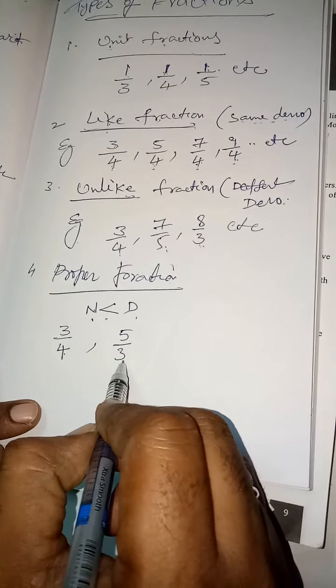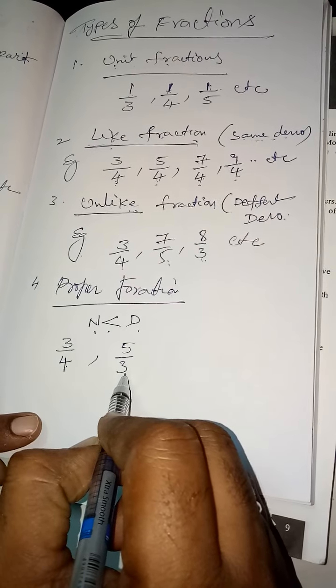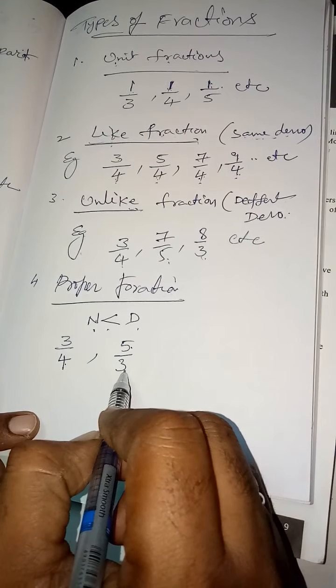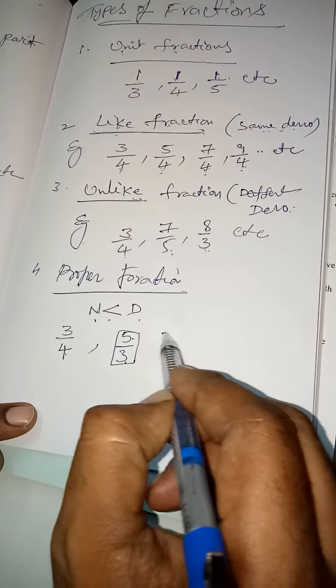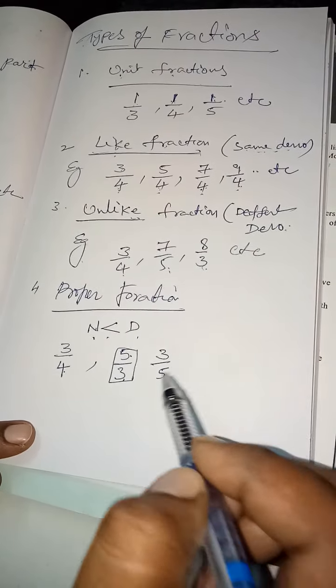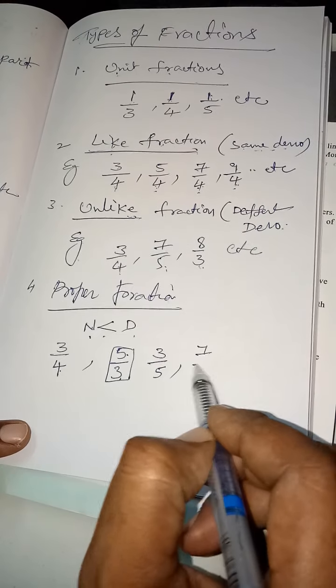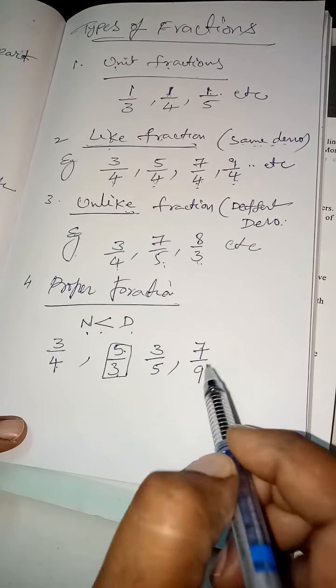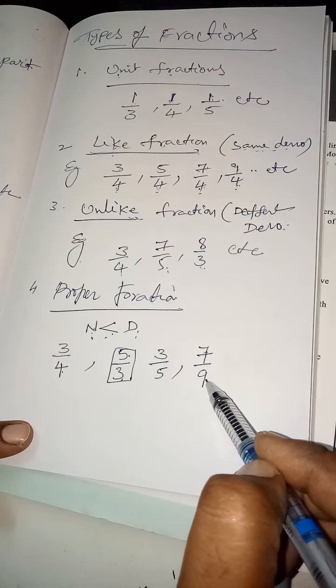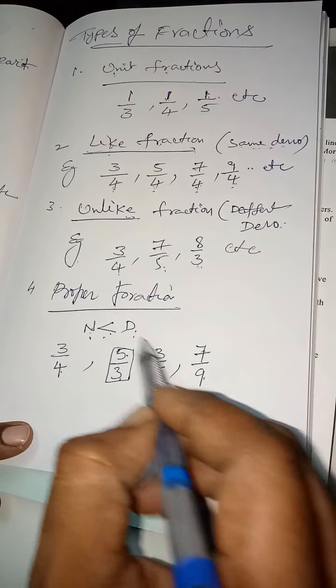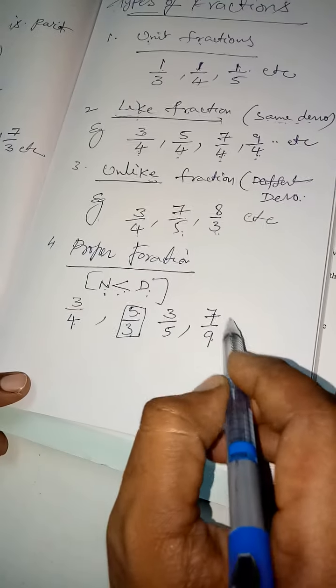Here the numerator is greater than the denominator, so it is not an example of a proper fraction. 3 by 5 and 7 by 9 are proper fractions, because the numerator is less than the denominator.